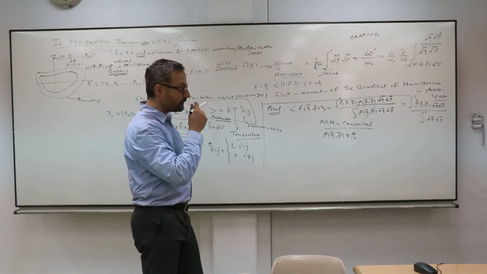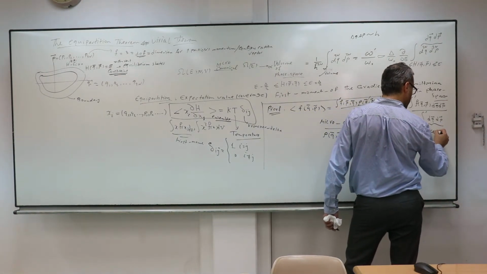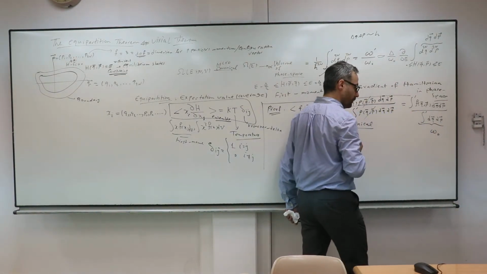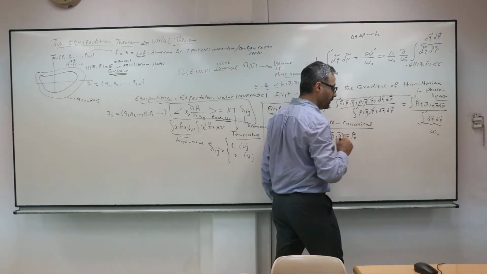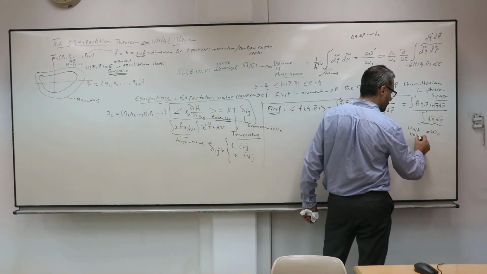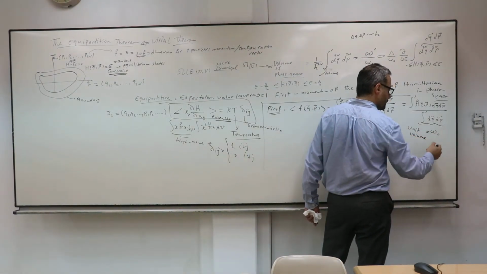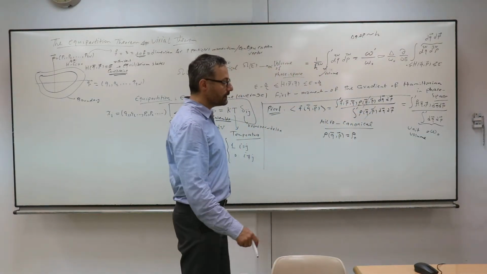Again, I can do one more thing: this is the unit volume of the phase space if the Hamiltonian was between 0 and E. Anyway, this is the unit volume, a constant, some power of h.